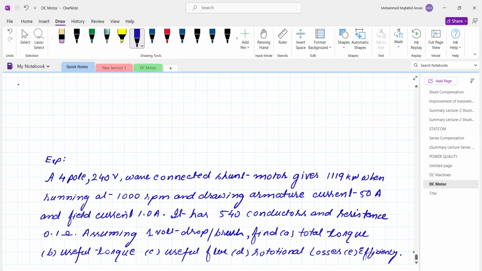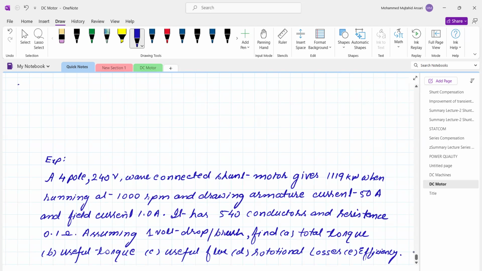It has 540 conductors and the armature resistance is 0.1 ohm. Assuming 1 volt drop per brush, find total torque, useful flux, rotational losses, and efficiency.